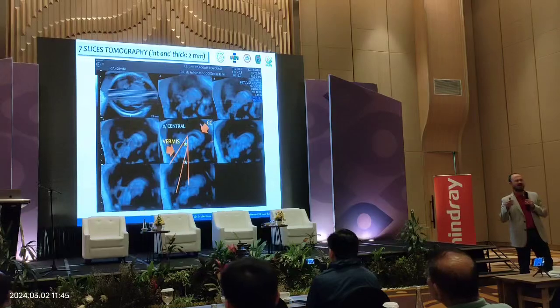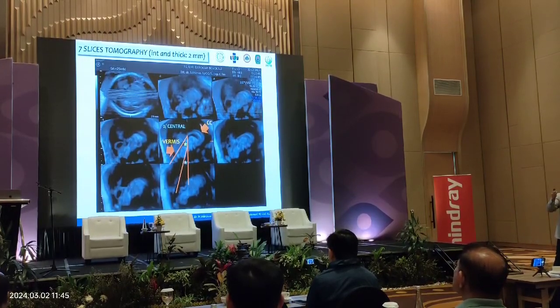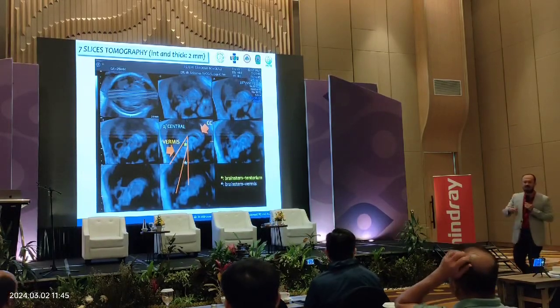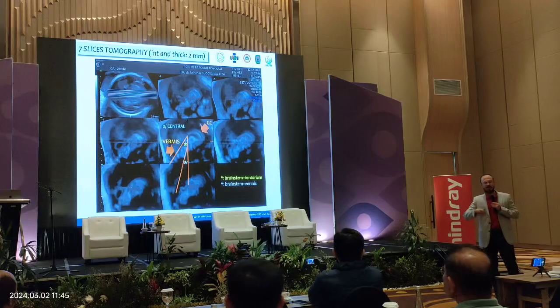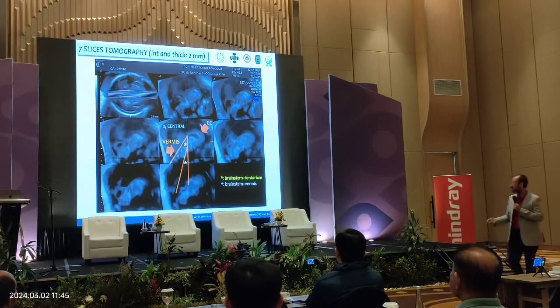Some of you maybe asked me previously, how can we appreciate the angle of the brainstem with the tentorium and brainstem with the vermis, to make sure whether this is a Blake's pouch cyst, a Vernian hypoplasia, or a Dandy-Walker malformation. Okay.